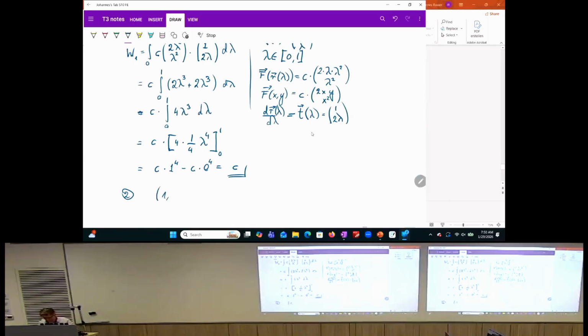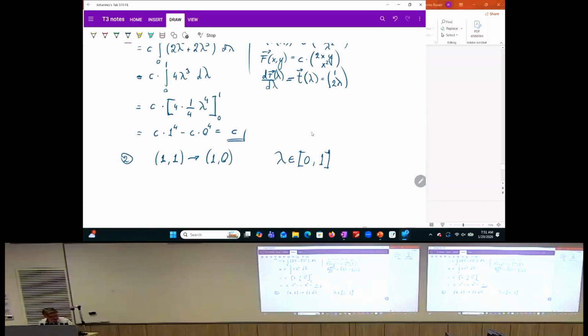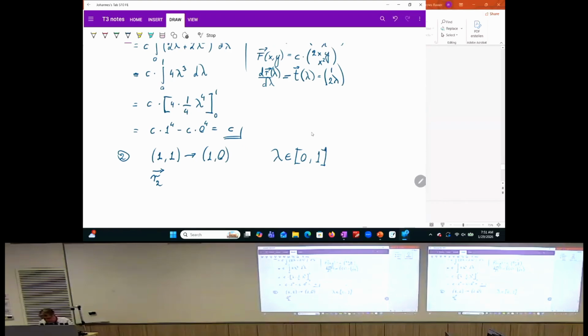So we move from point 1, 1 to the point 1, 0. Lambda shall also again run from 0 to 1. But you see the parameterization is very easy now. This is R2, because the 2 signifies that we are on the second stretch of that closed loop integral.